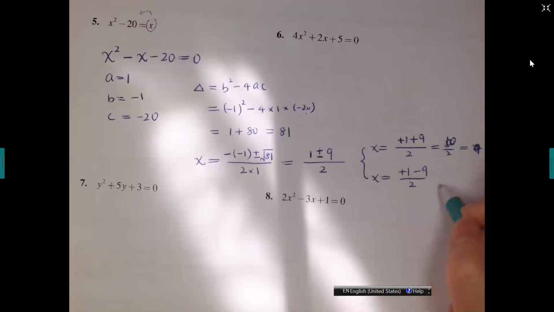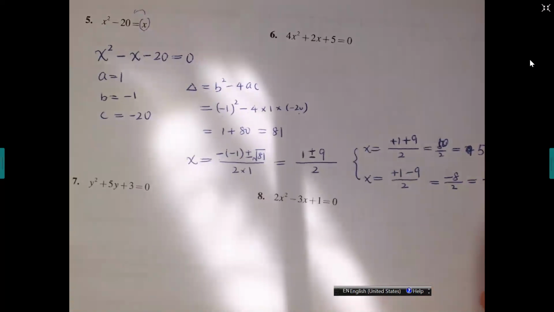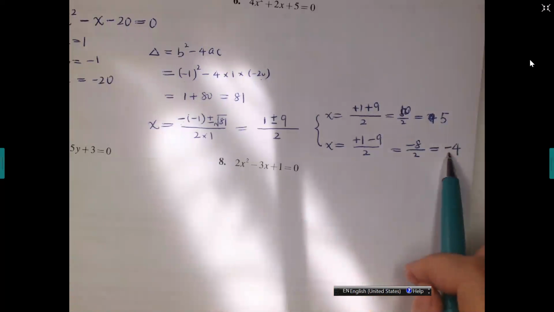So 1 minus 9 is negative 8. Negative 8 divided by 2, that's negative 4. So there are two solutions, 5 or negative 4.